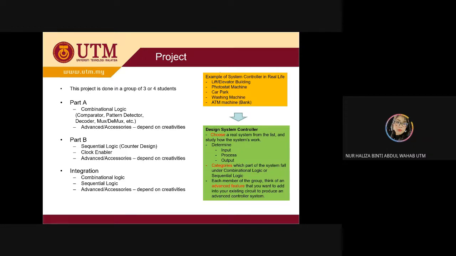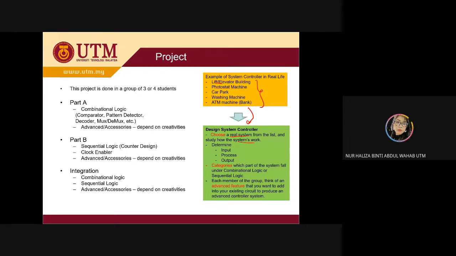Let's say you pick an example scenario of what you want to do, and you need to design. Choose a real system from the list given and study how the system works. If, let's say, for your vending machine, how it goes.